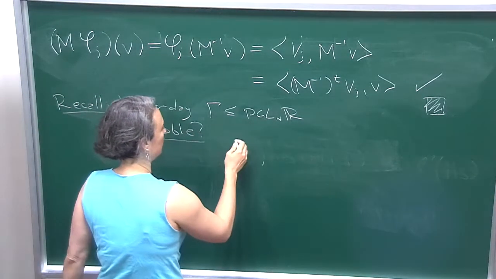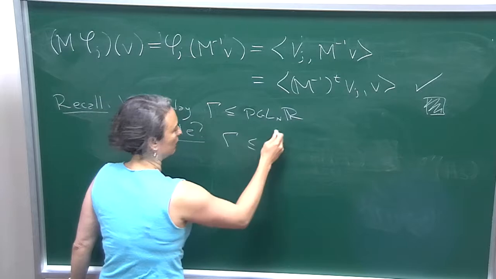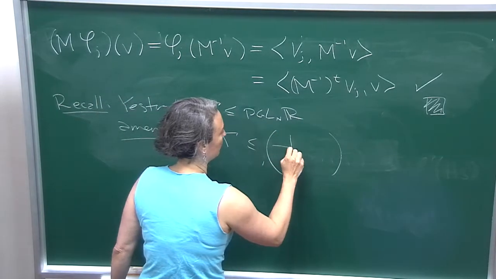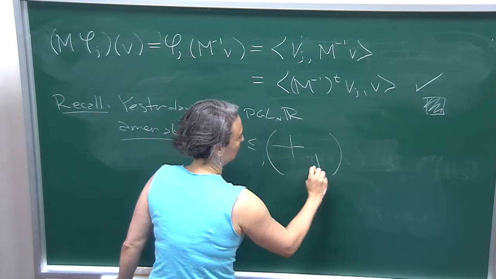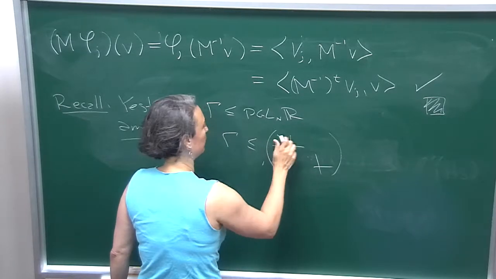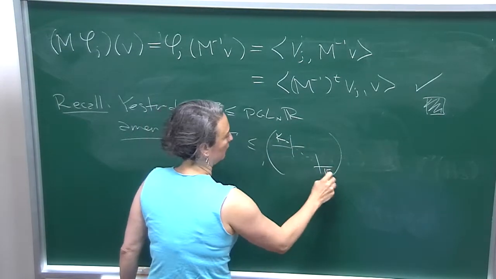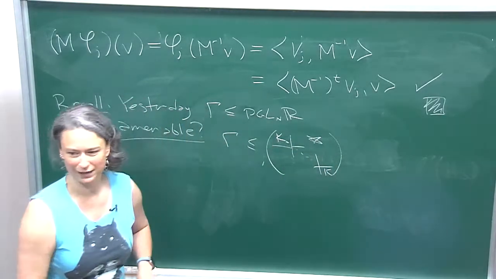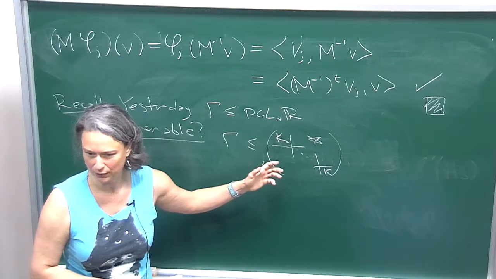We got that gamma was contained in this upper block, let me put compact. So K here is just like a random letter for a compact group, right?